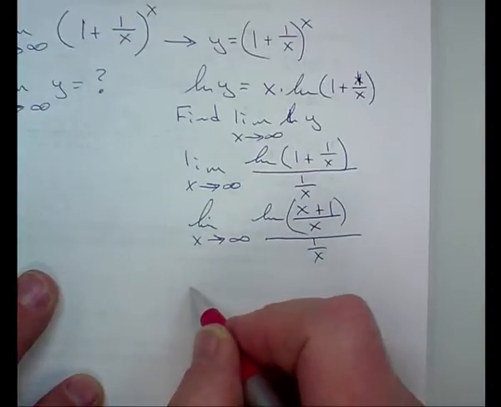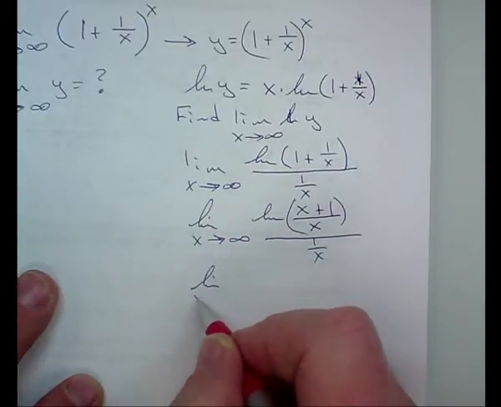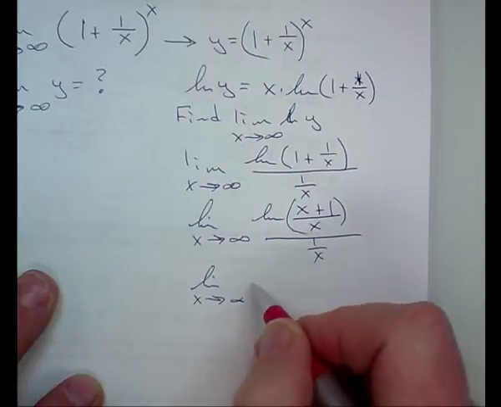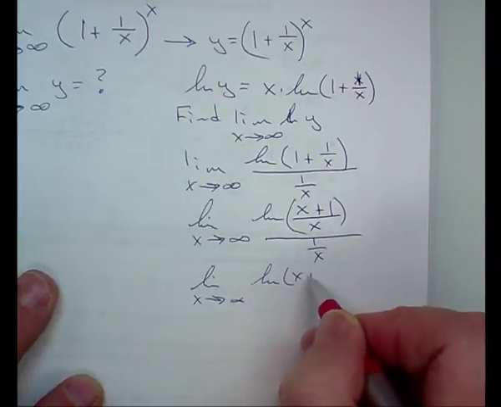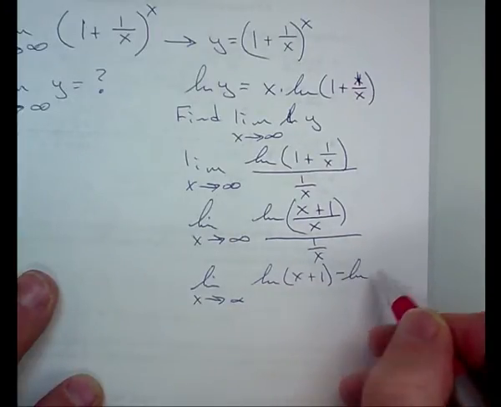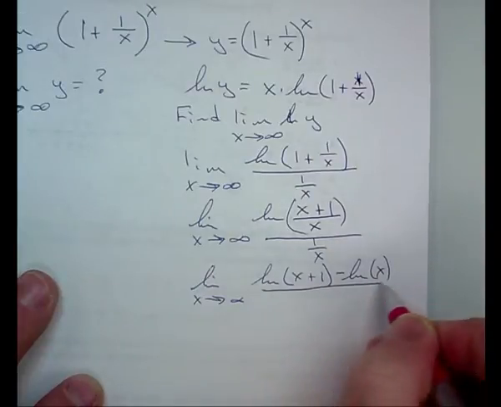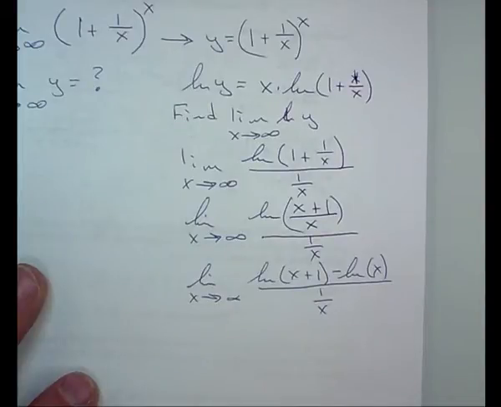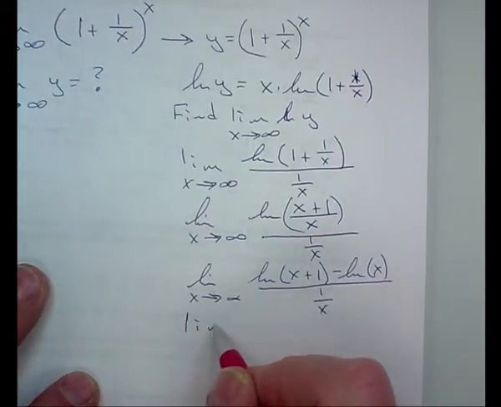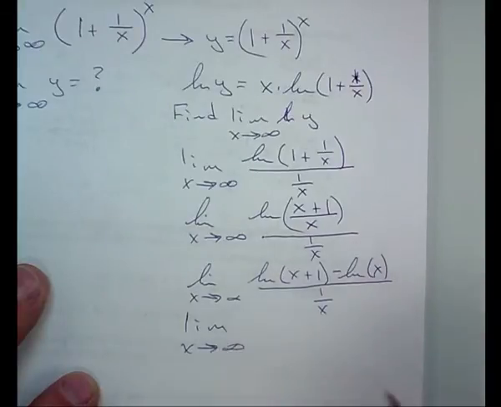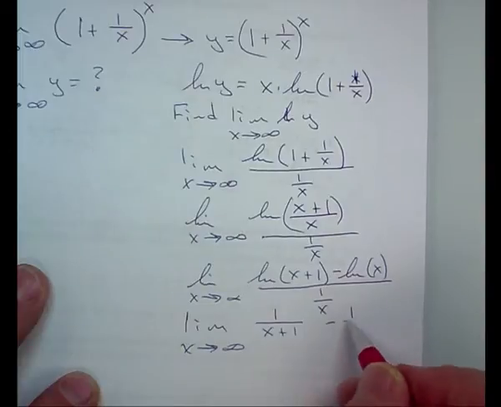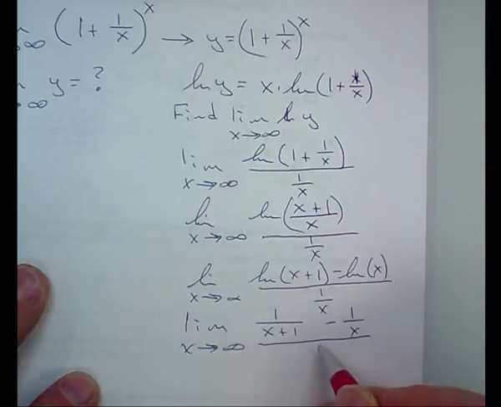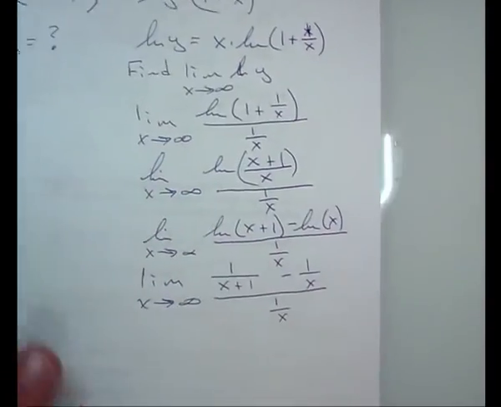Using my log rules, I can say that's the natural log of x plus 1 minus the natural log of x, over 1 over x. So now the limit as x goes to infinity is going to be 1 over x plus 1 minus 1 over x, over 1 over x. Oops, that's wrong.